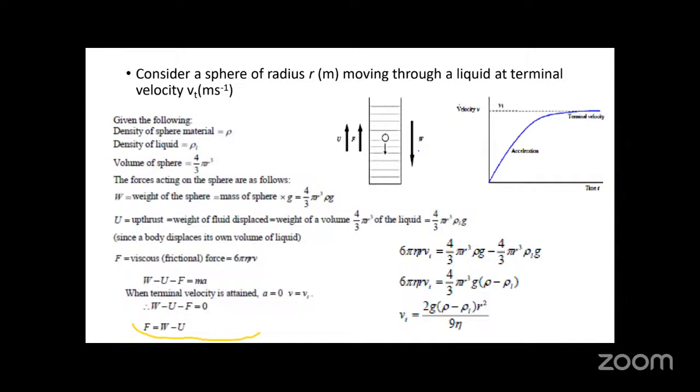But this time, since the object is a sphere, our volume becomes 4/3 pi r cubed. So if we substitute that into the weight formula, where we have mg is equal to rho Vg, we are going to have 4/3 pi r cubed rho g.